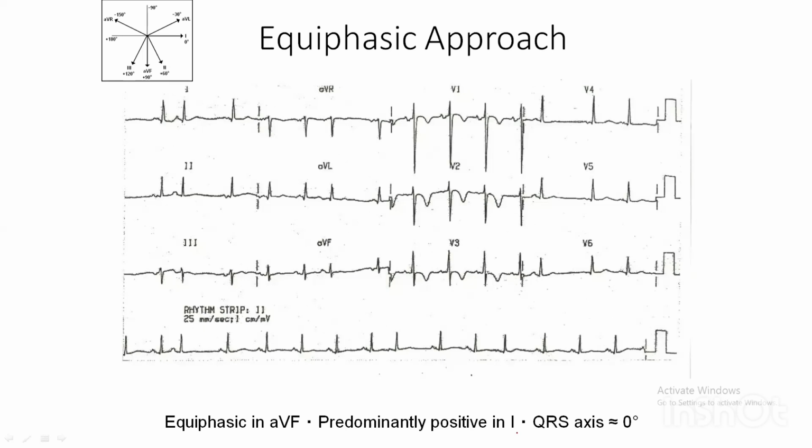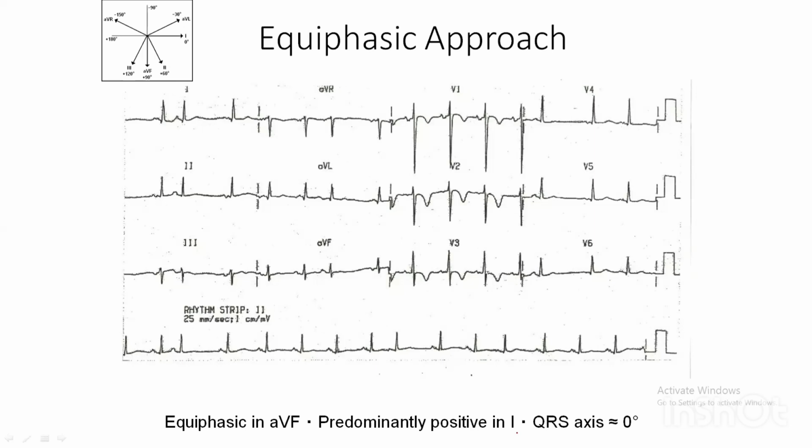And if we apply the quadrant approach here, in lead 1 it is positive, and in AVF it is also positive, so it is normal axis. In the quadrant approach, if lead 1 and AVF are both the same, positive or negative, the axis is normal.